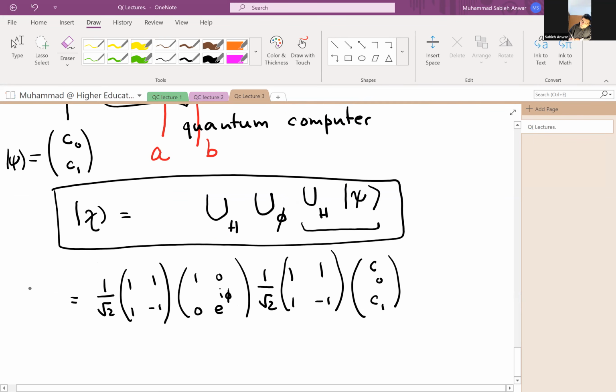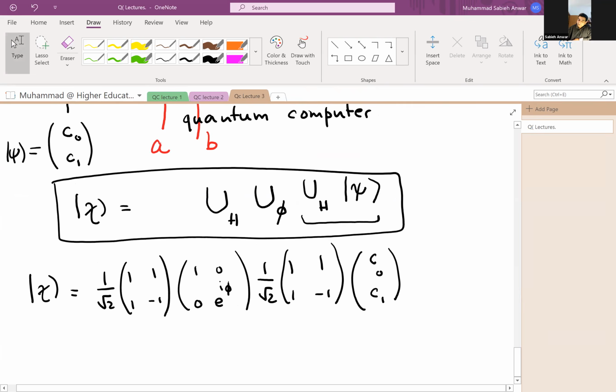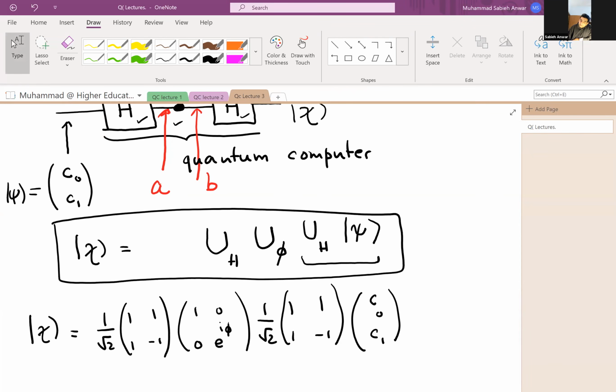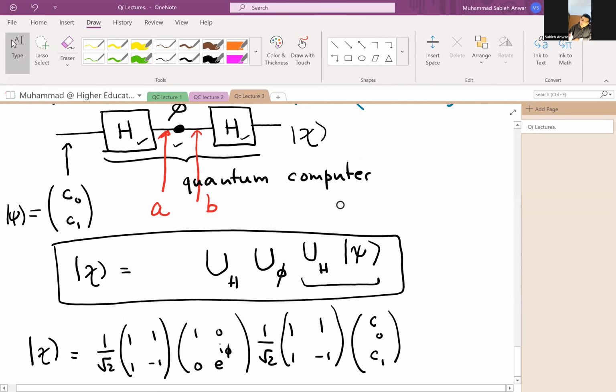And this will be your output state chi in column vector form, and you can always write this as a superposition of ket 0 and ket 1. Okay, so notice that even though in the diagram it's conventional to take the initial states on the left and the output on the right, when you write this in matrix form, the time ordering is from right to left. So this is the direction of time.